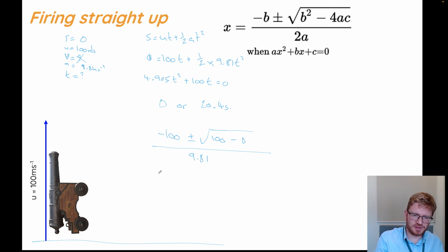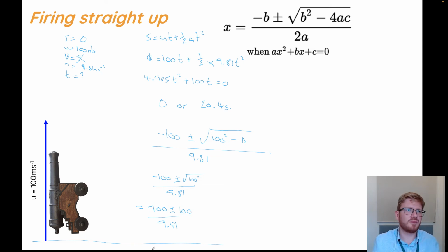So this then becomes minus 100 plus or minus the square root of 100 squared over 9.81, so that is minus 100 plus or minus 100 over 9.81. So you can see minus 100 minus 100 is minus 200, so that would give me a negative answer, but it will be minus 20.04, or I can get minus 100 plus 100, which would be 0, and 0 divided by anything is 0.